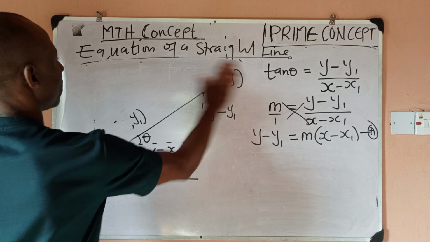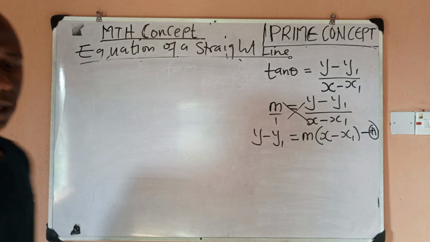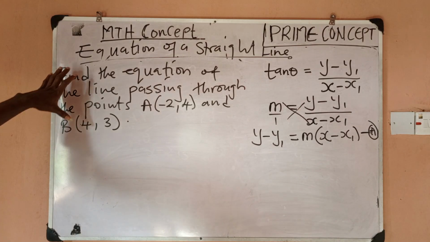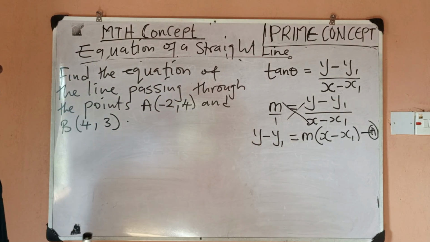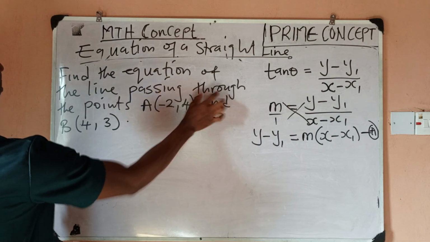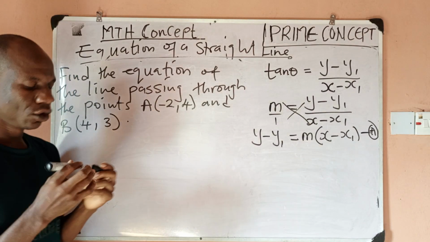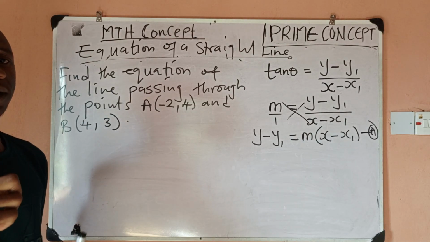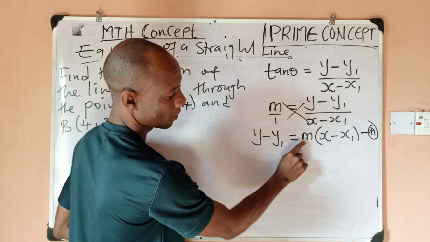Let's take this problem as an example to illustrate how we can find the equation of a straight line. The question says: find the equation of the line passing through the points A and B. So for you to be able to find the equation of the line, the first thing you want to find is your slope, because you would need your m.